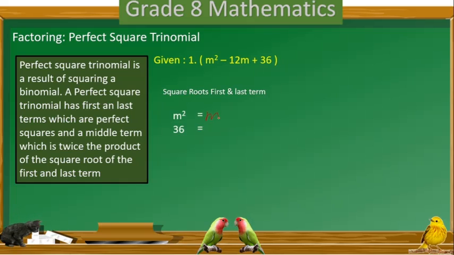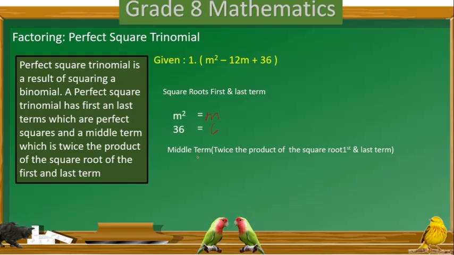The square root of 36 is 6. Then after, we will check if the given polynomial is a perfect square trinomial. We will multiply the square roots of the first term and last term and make it twice or double.